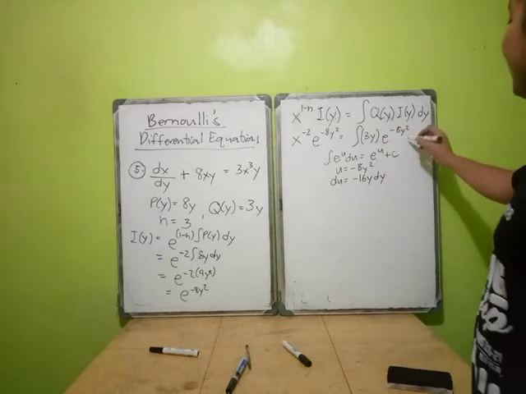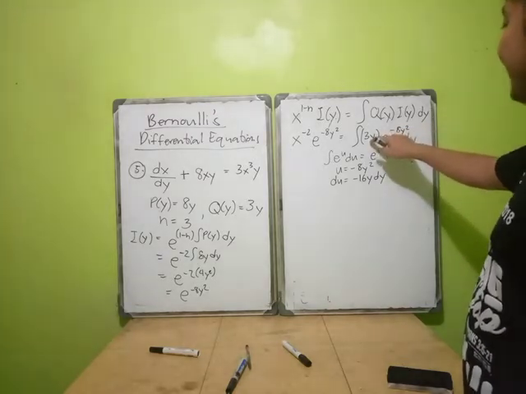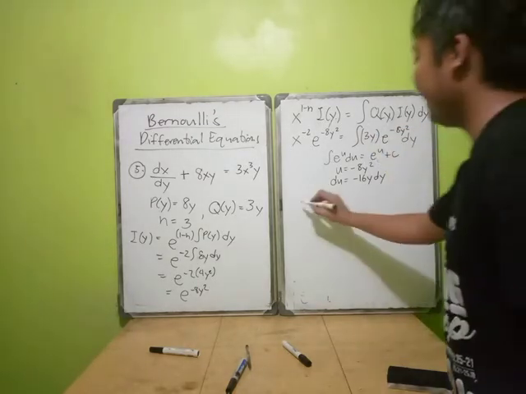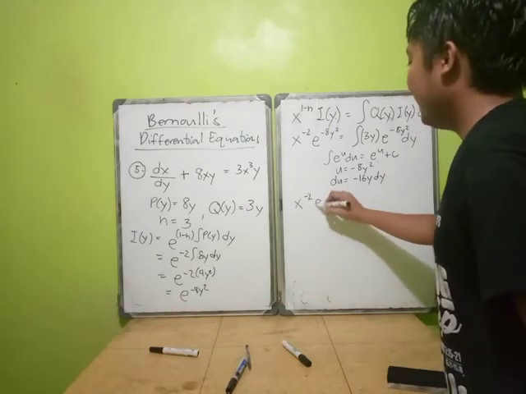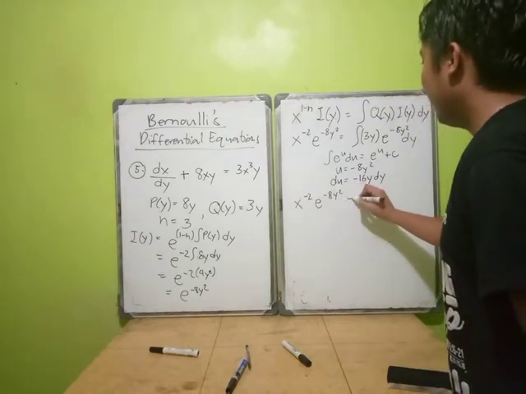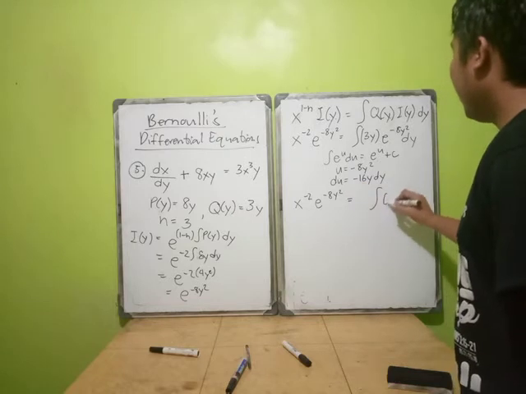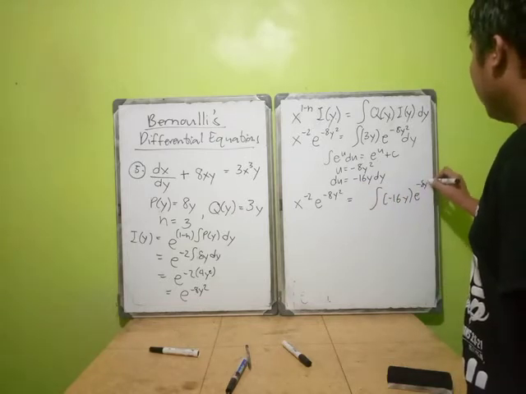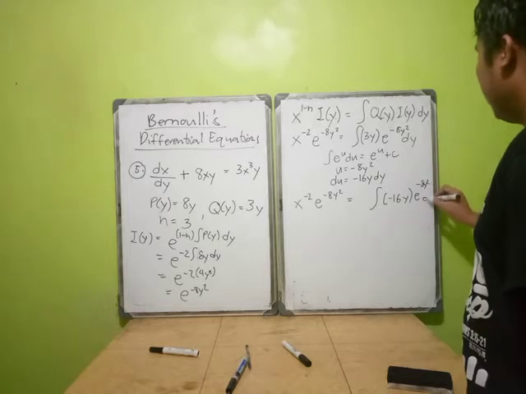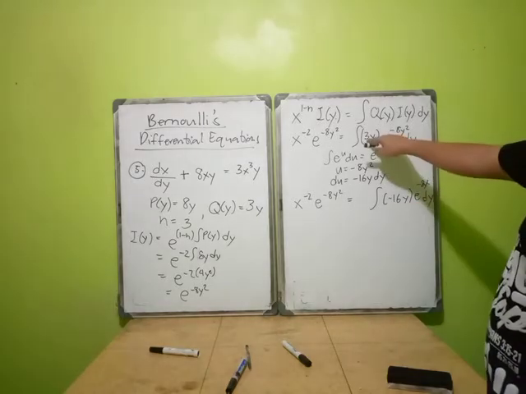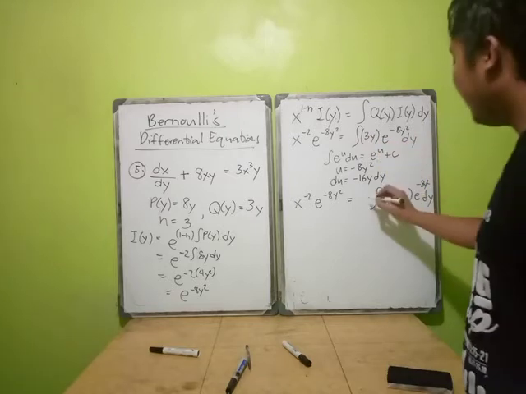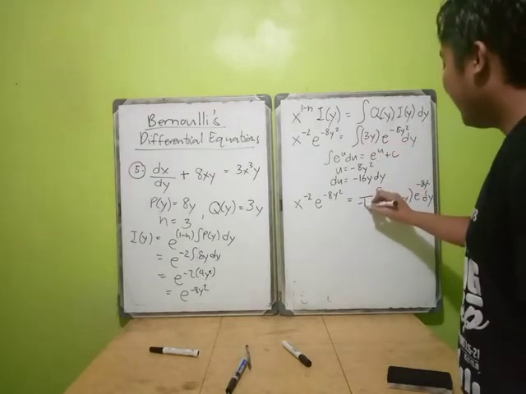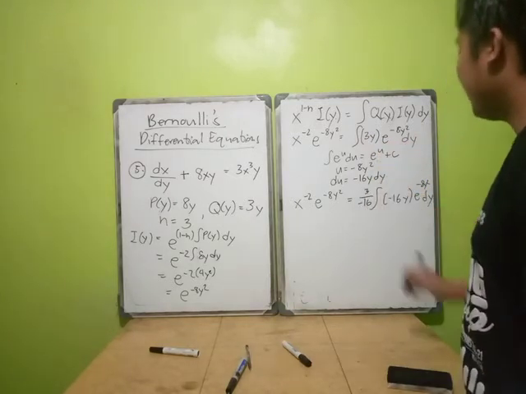Pero, hindi naman to negative 16 ang nandito. Okay? So, ang gawin natin, ipasok natin si negative 16y. Okay, so para maging equivalent pa rin sila, i-over ko to si negative 16 pero i-top ko naman si 3.